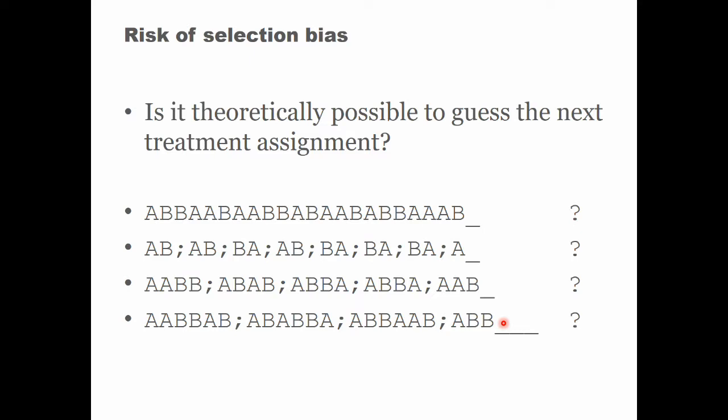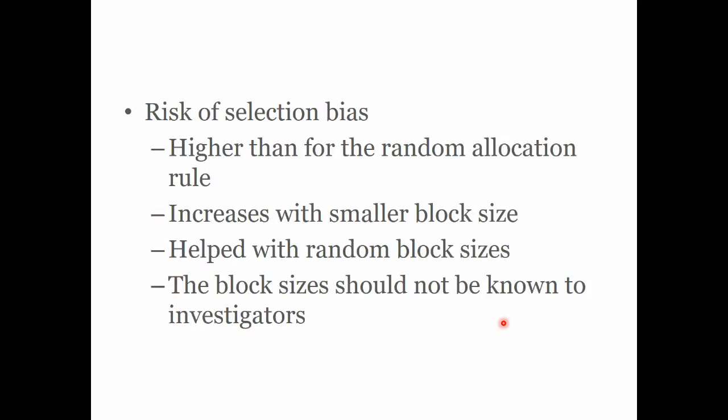All right, so anyway, when we use this kind of restricted, block randomization, there is this possibility of losing allocation concealment and being able to at least theoretically guess the next assignment. In general, this risk is greater than it would be for the random allocation rule. With the random allocation rule, at any given point in the trial, you have so many allocations remaining in the study.